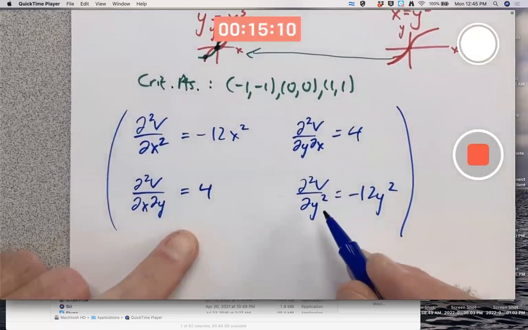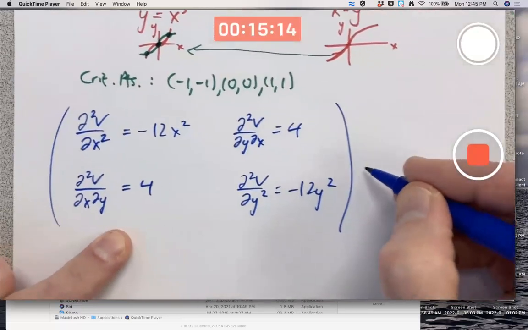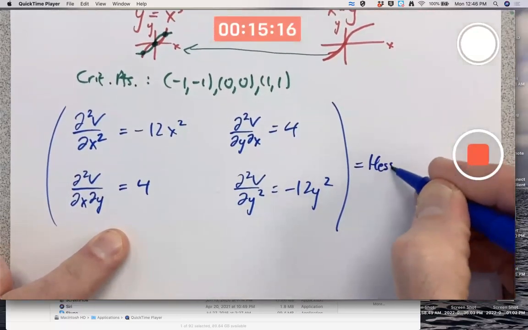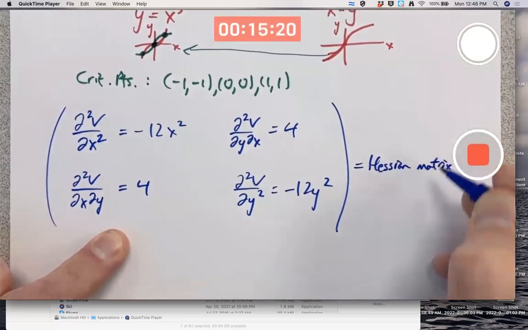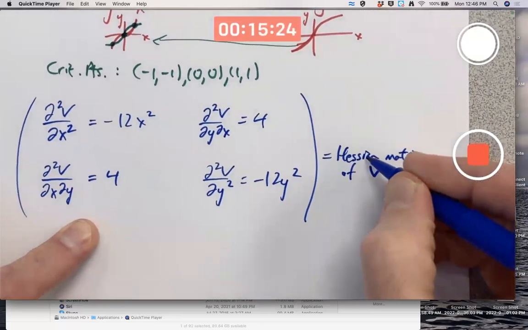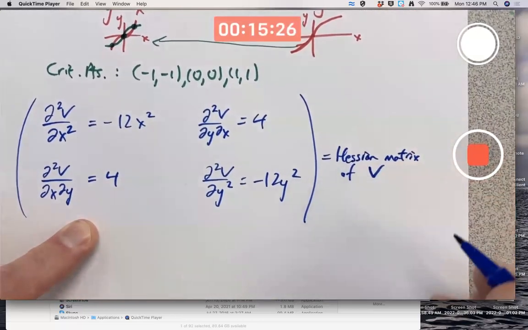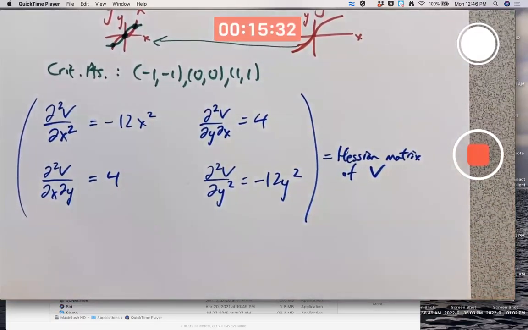These are second order. It's got a different name. It's called the Hessian matrix of the function v. Hessian matrix. That's it. H-E-S-S-I-A-N. Matrix of v. And it's a symmetric matrix.